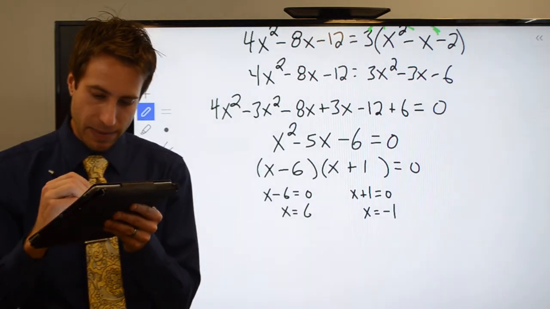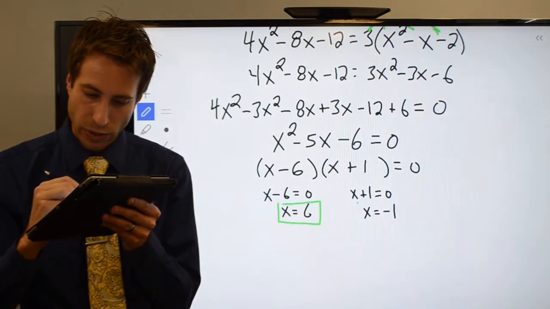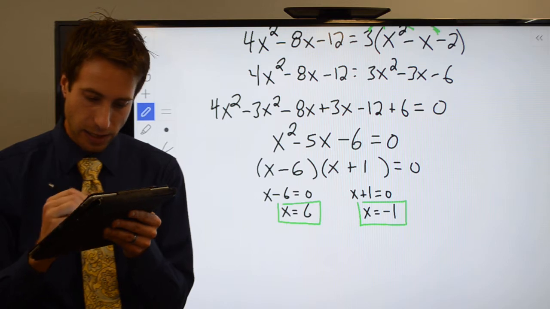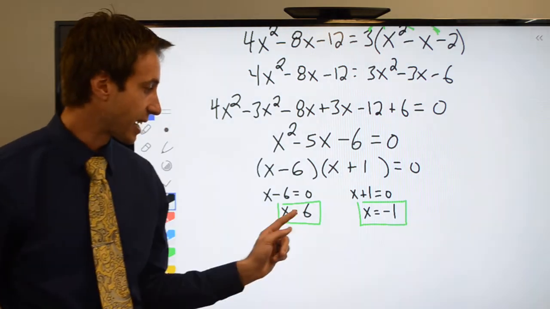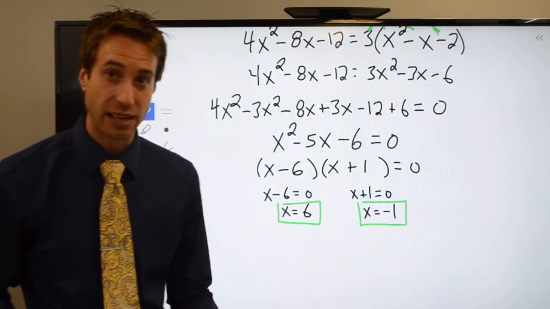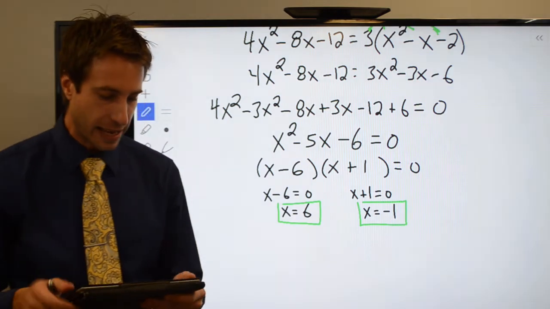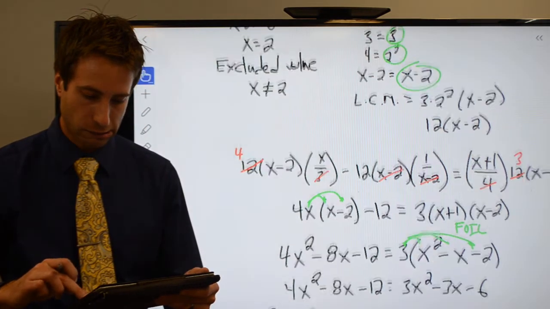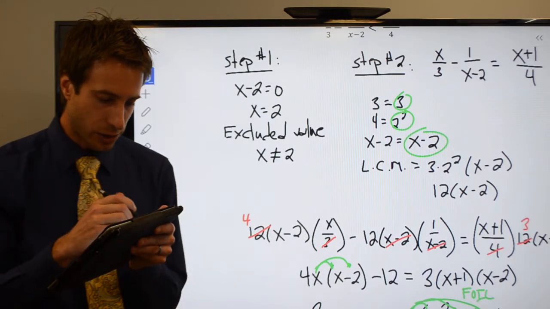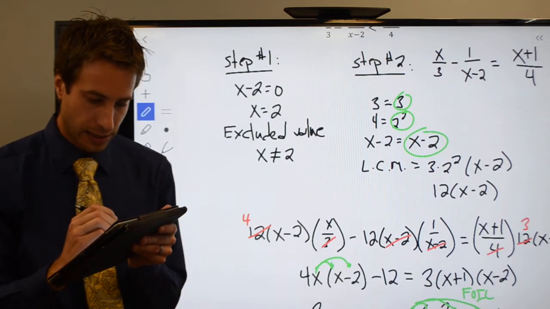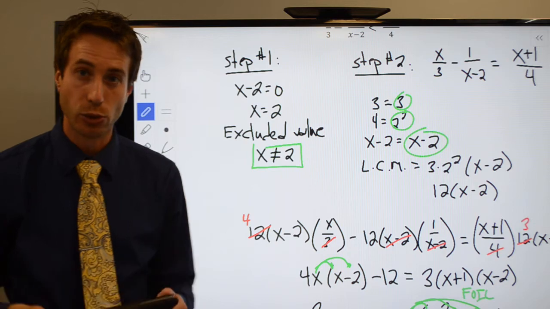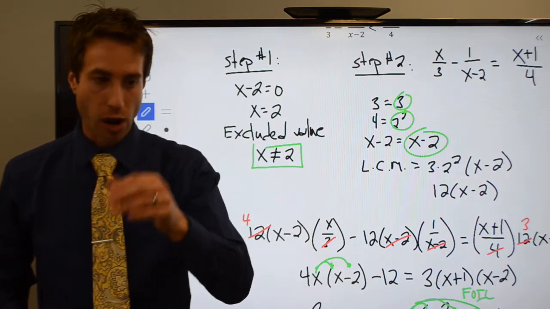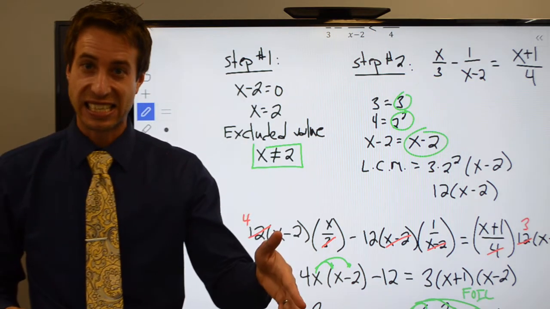All right, guys, let me get these values for you. Here's what I've got. I've got x equals 6. X equals negative 1. But don't forget, up here in step number 1, there it is, I also got this one. X cannot be 2. So I have negative 1, 2, and 6.